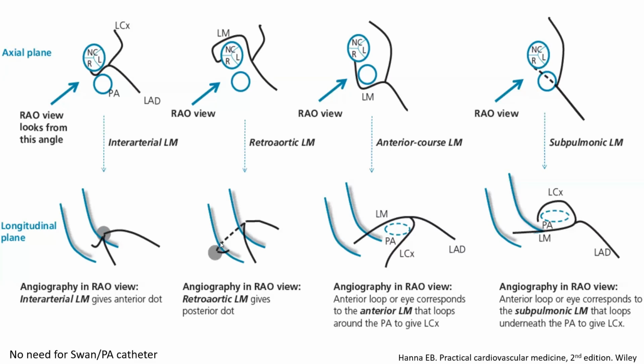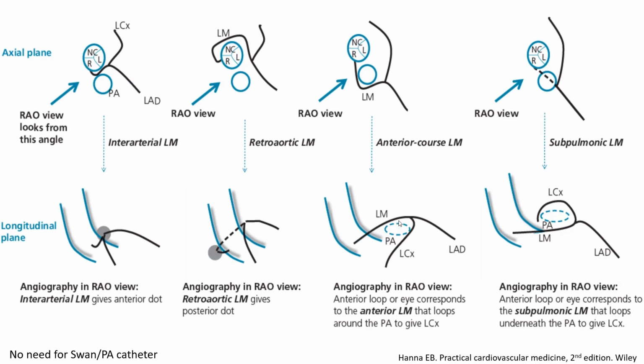The retroaortic course will project as a posterior dot or tunnel or tight loop behind the aorta. That's the easiest one to recognize. Then you have the anterior or pre-pulmonic anomalous coronary, and that will project as a smooth, wide, upward eyebrow.